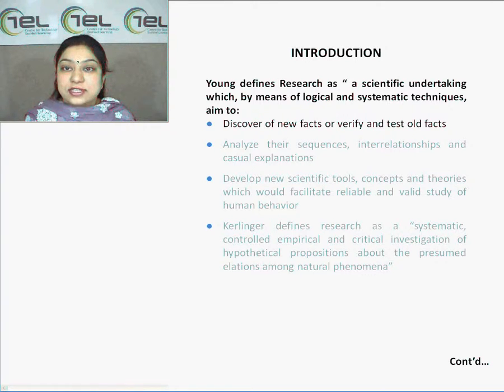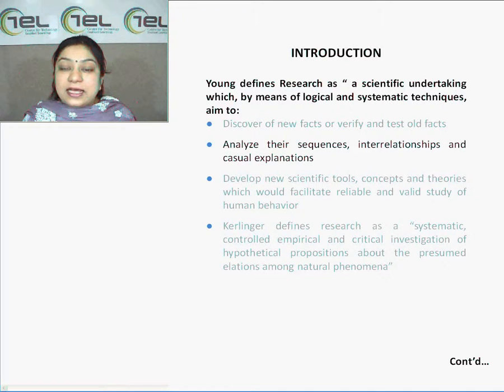This is the first step in research. Either you can go through the whole of your research and discover new facts and bring together a new theory, or secondly, on the basis of past facts you can test and verify on the basis of your data whether these facts are applicable in all contexts or in some particular context.